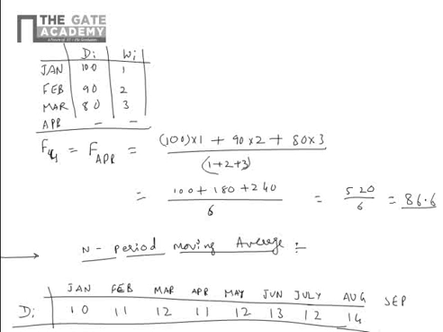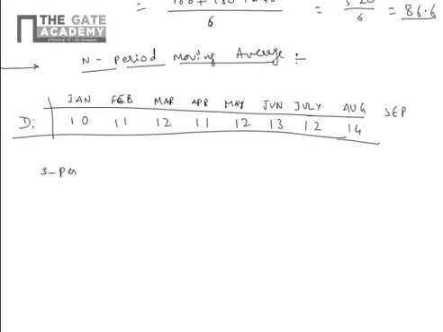For that, you can go for the simple moving average method considering all data points. The n period moving average is like, suppose I want to consider only the last 3 months. So the 3 month moving average, or 3 period moving average, is the average of the last 3 months: June plus July plus August divided by 3.